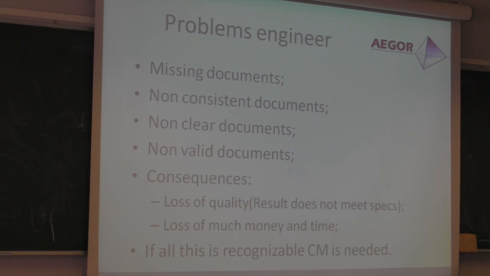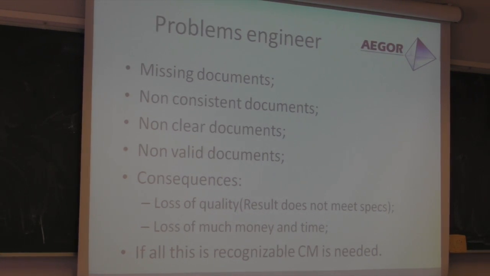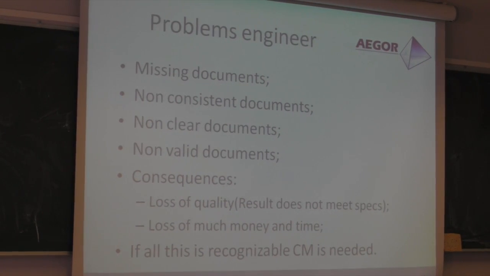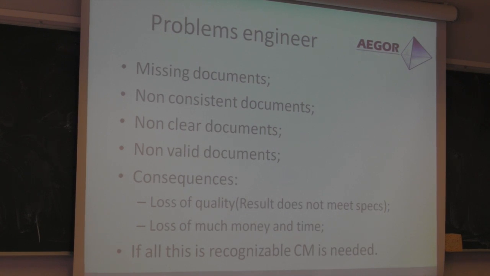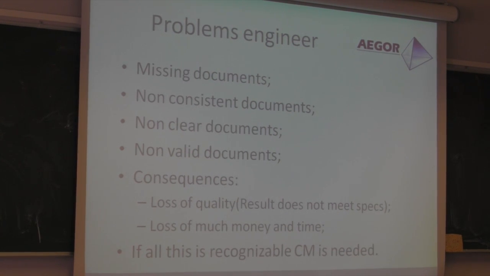But it's also possible that he doesn't see it and he misses a gap in the input documents, and he will find a solution for himself. And he can come up with an excellent solution, but an excellent solution, if it's not requested, is also costing money. The same problem, I saw a lot of non-consistent documents.